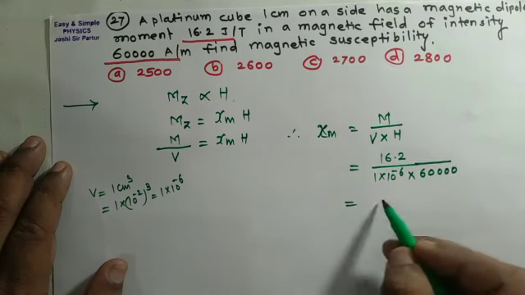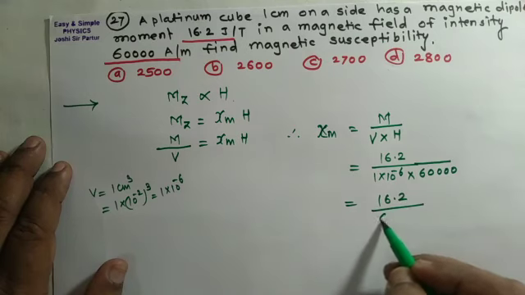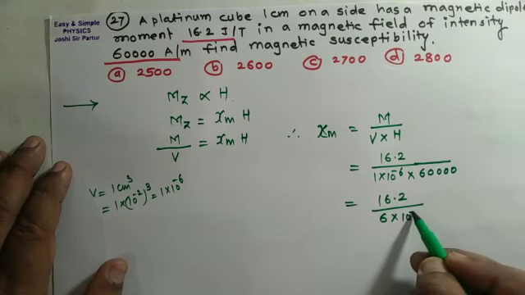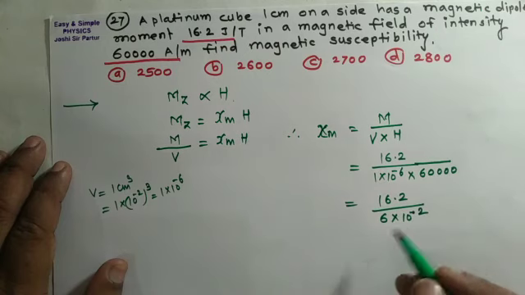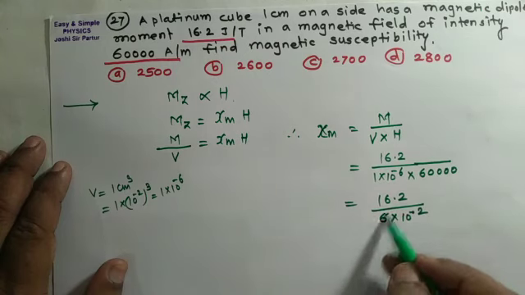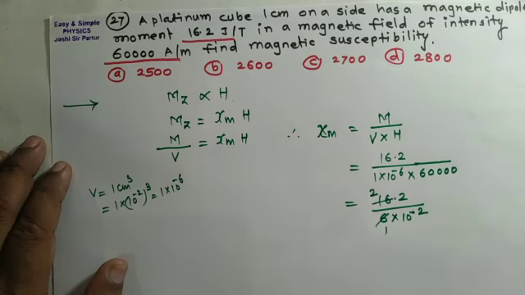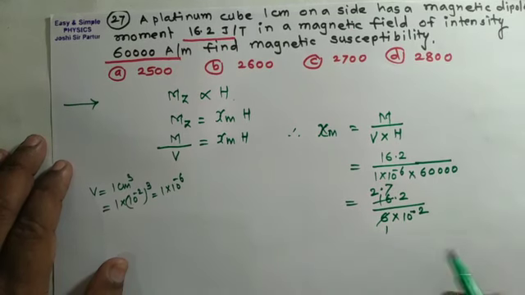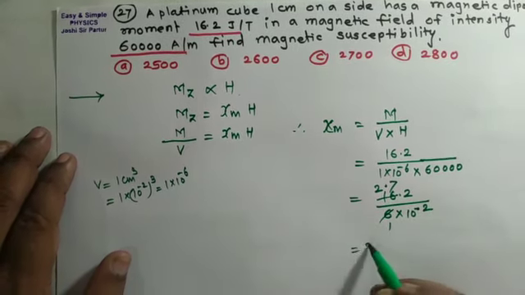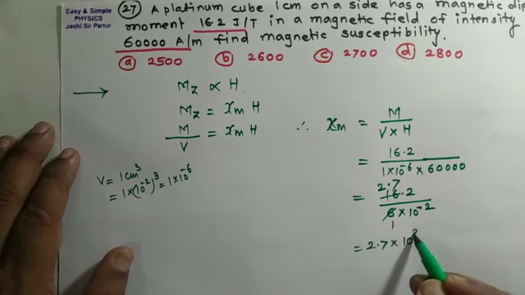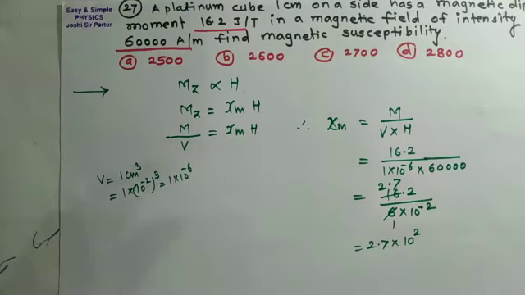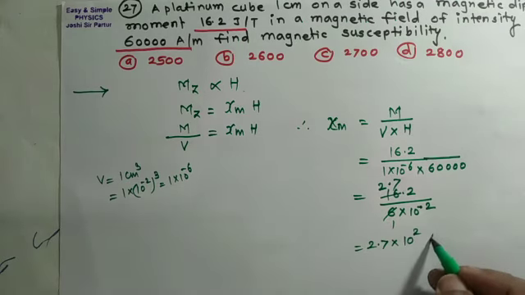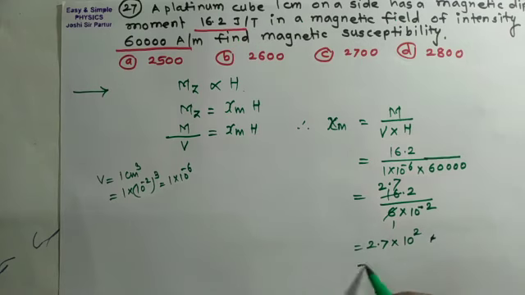So here, 16.2 divided by 6 into 10 raised to minus 2, which gives 2.7 into 10 raised to plus 2... sorry, it will be 2700.